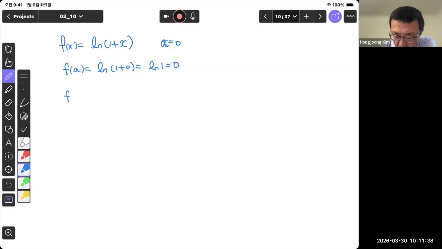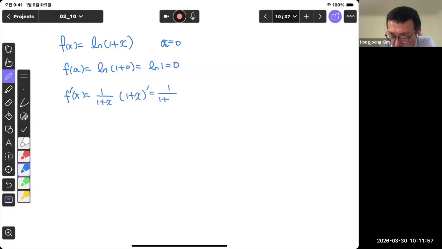And f prime of x is 1 over 1 plus x times the derivative of 1 plus x. But when 1 plus x is differentiated, you get just 1. So you get 1 over 1 plus x. When a is 0, f prime at 0 will be 1.